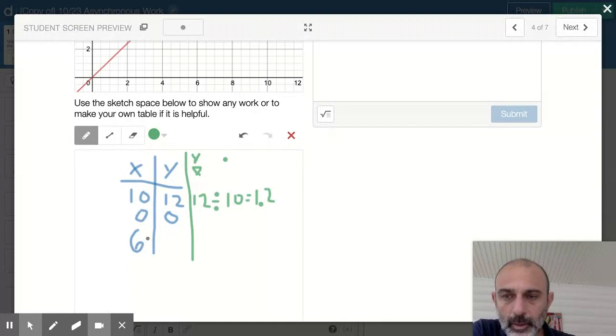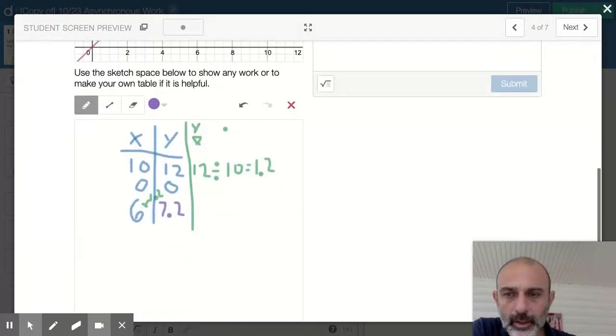So for this, I would do 6 times 1.2. Should have made my table a little bit more spread out. So 6 times 1.2, I believe, is 7.2. So that means when x is 6, y would be 7.2.